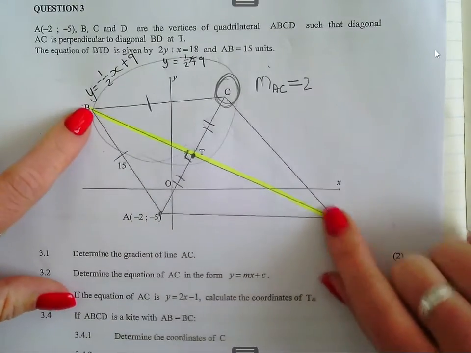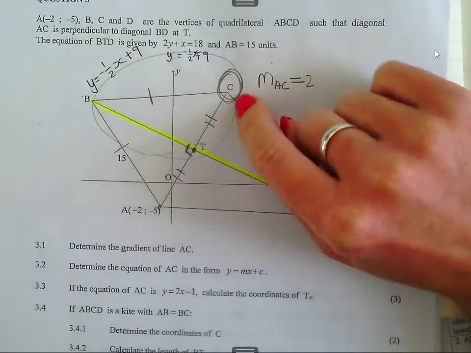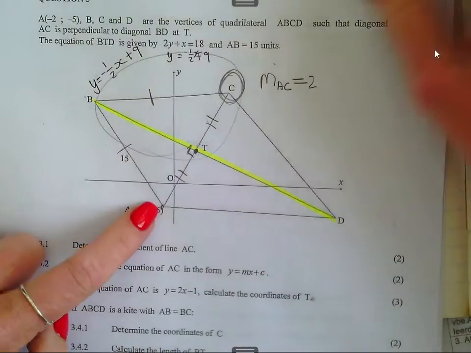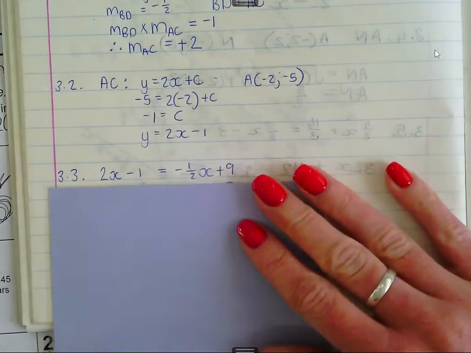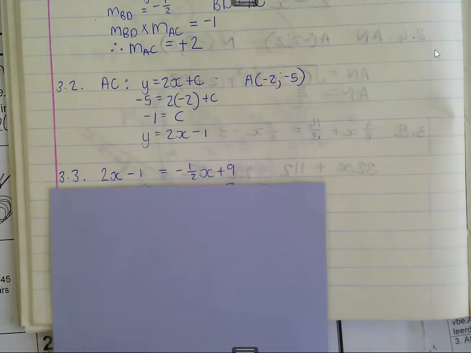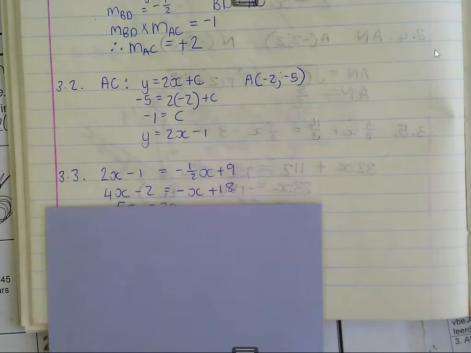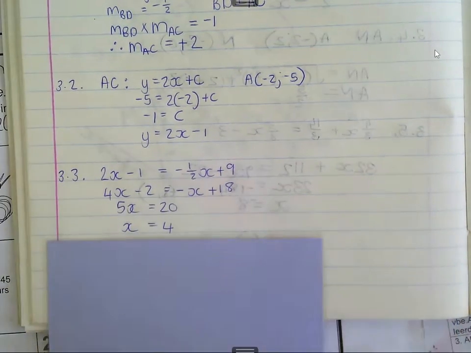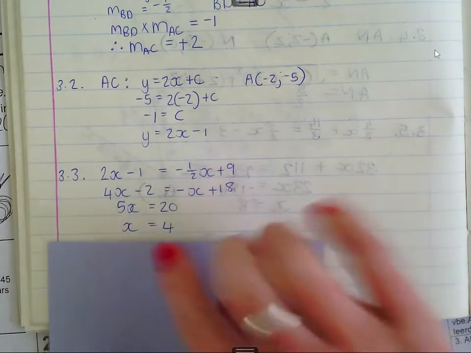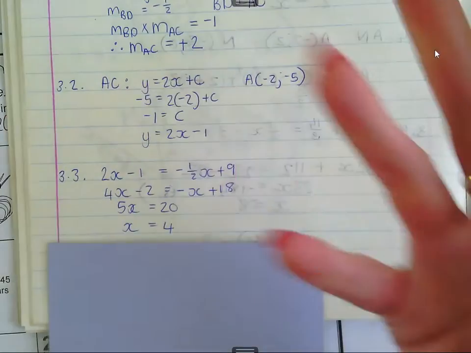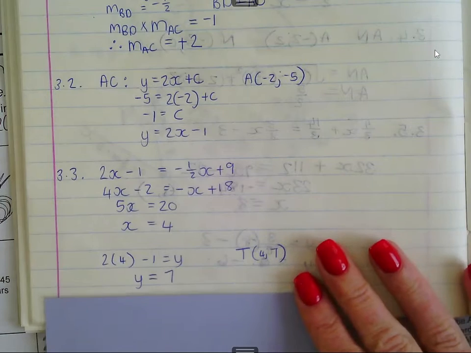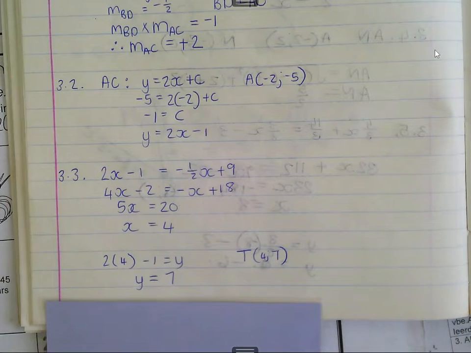So they gave you BTD. Now they also gave you AC, but you also found it in the previous question. So all you need to do is let them be equal to each other. And then I don't like the denominator, so I multiply everything with 2. And then I simplify it. I get x to be 4. You take that 4, you put it into either one of the equations. And then you get y to be 7.